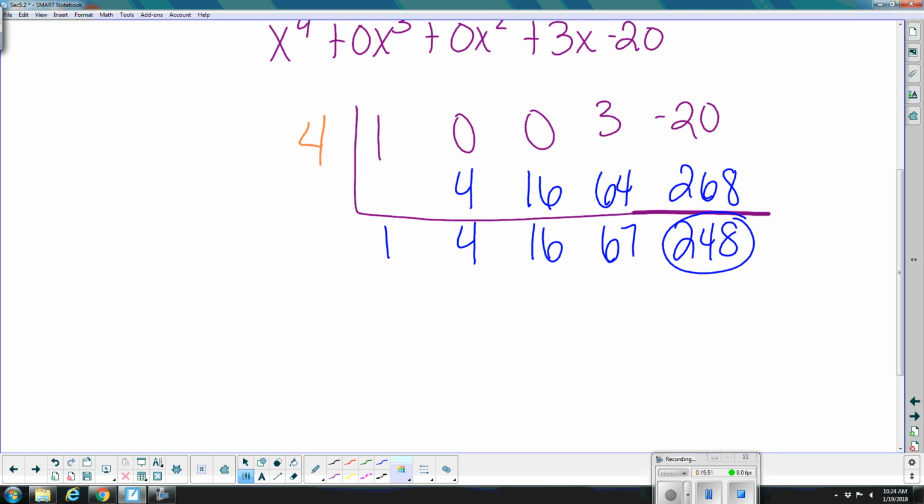So if you think of your f of x in standard form, let's just do it with ax squared plus bx plus c. And you're trying to evaluate if x is g.